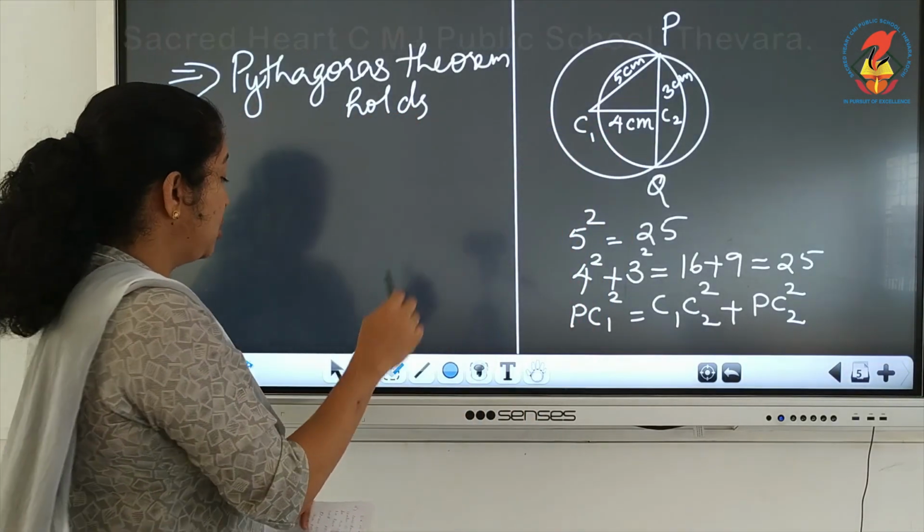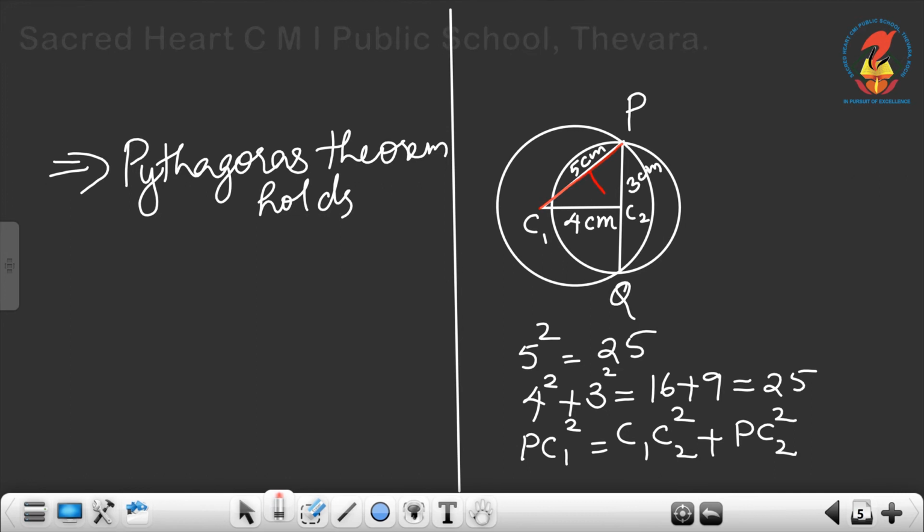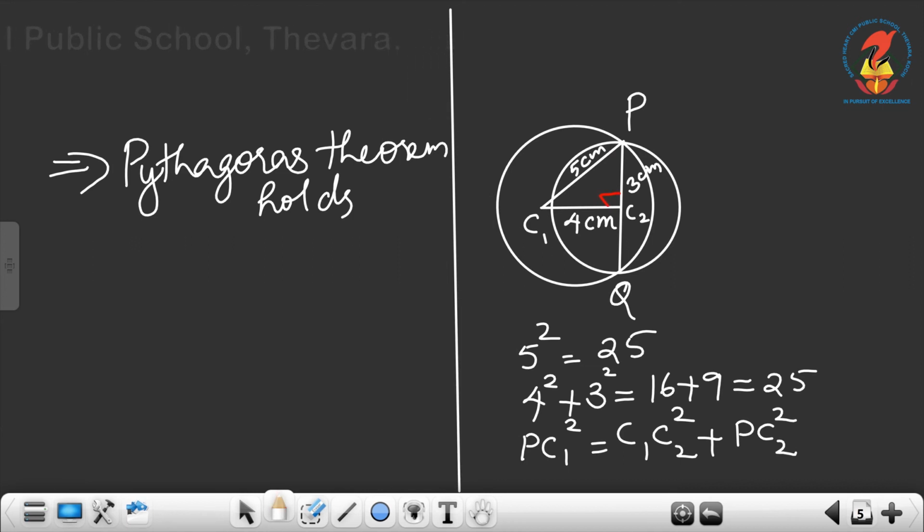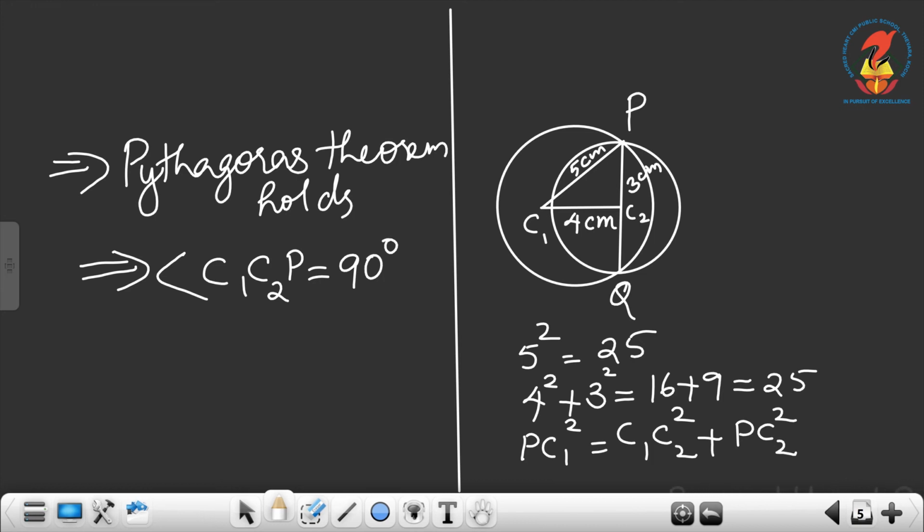The angle opposite to it is 90 degrees. So this implies that angle C1C2P is equal to 90 degrees.